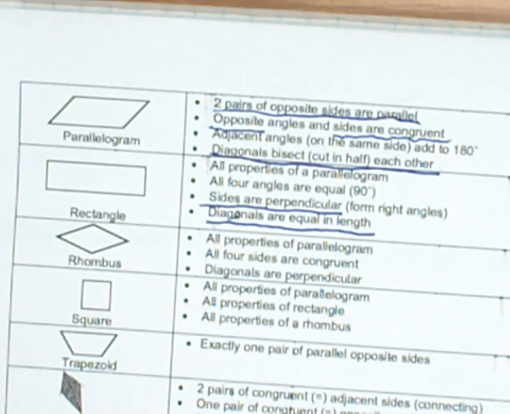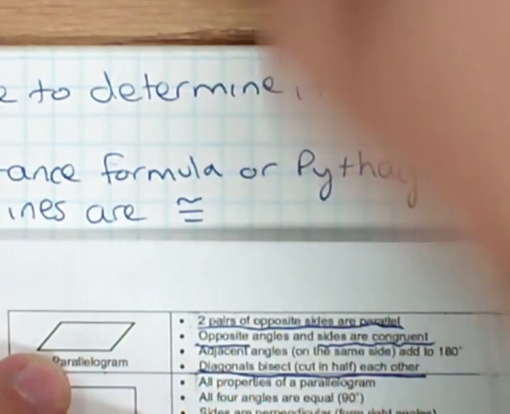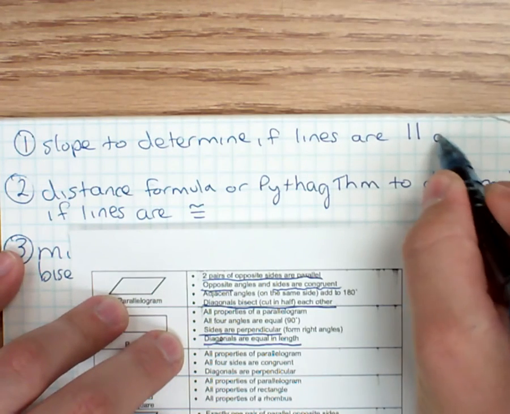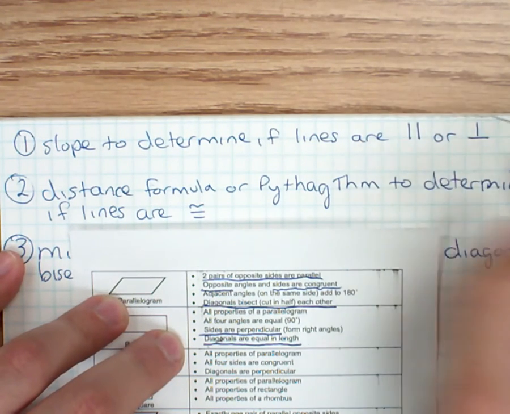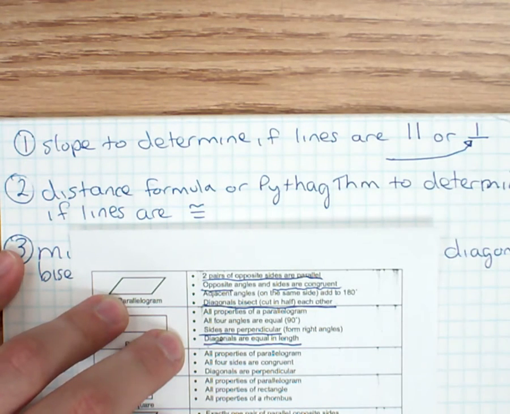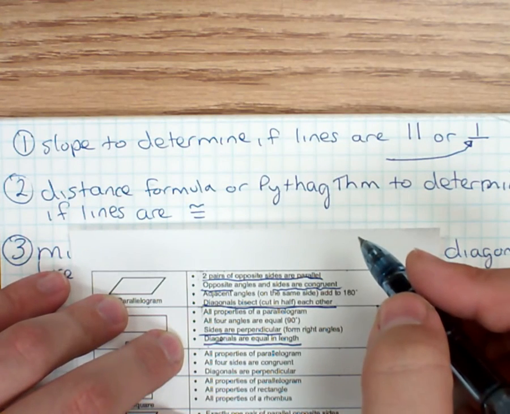Okay, in class we went over how to determine if slopes were perpendicular. So slope could determine both if lines are parallel or perpendicular. And as a reminder, if lines are perpendicular, the slopes are opposite reciprocals.